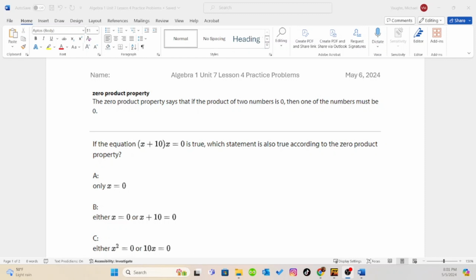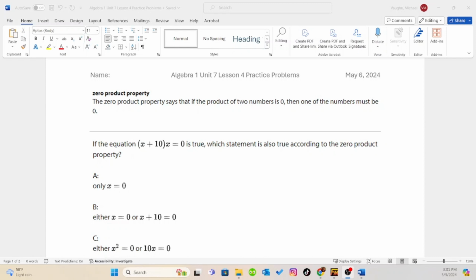The one vocabulary term that we need to make sure we understand before starting the practice problems is the zero product property. The zero product property says that if the product of two numbers is 0, then one of the numbers must be 0.